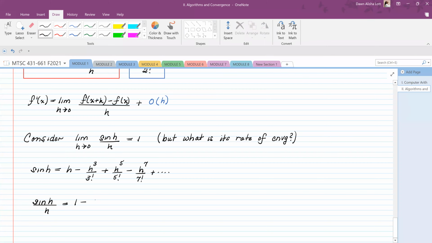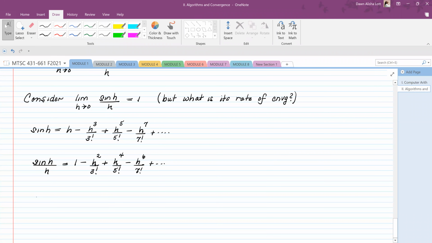So that is 1 minus h squared over 3 factorial plus h to the 4th over 5 factorial minus h to the 6th over 7 factorial plus dot, dot, dot.